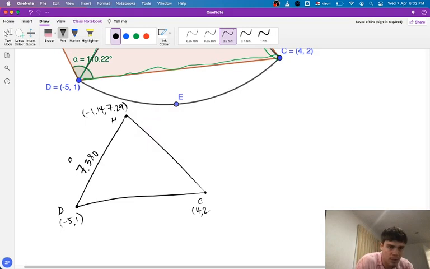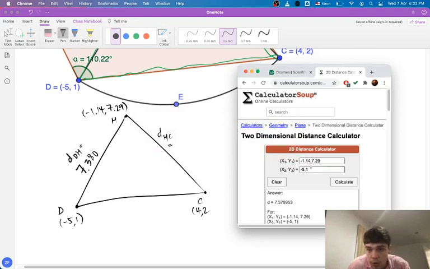Normally you would actually have to work this out. DH equals that. Then DHC, what changes here? It's 4 and 2 instead of 5 and 1. So go 4, 2 and calculate that. 7.376.